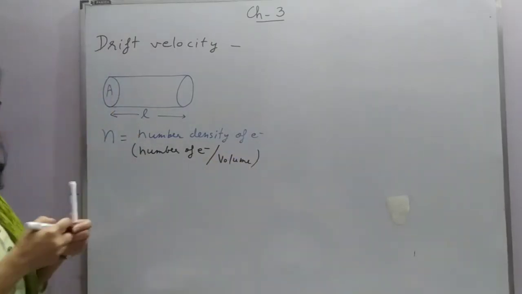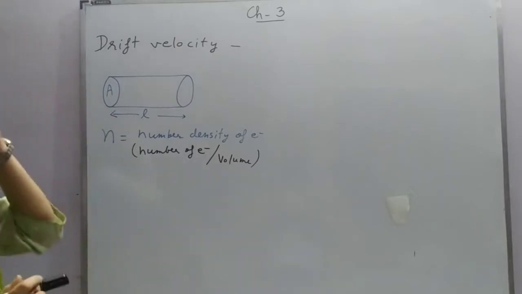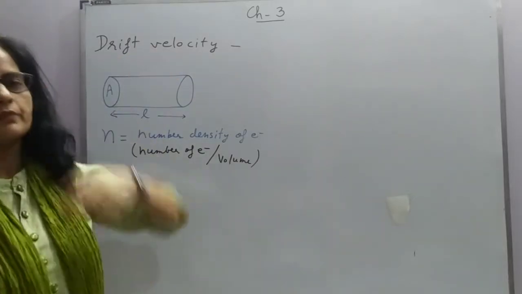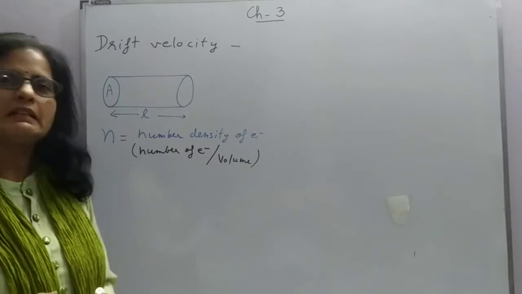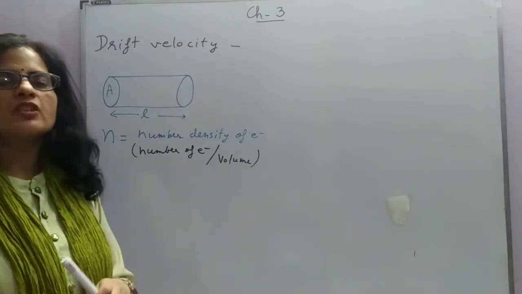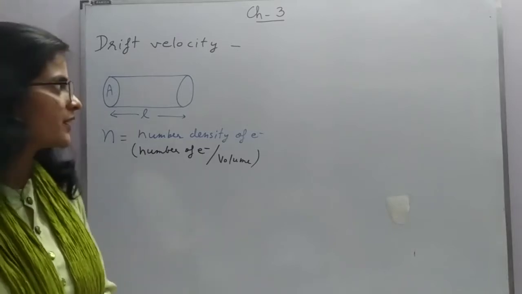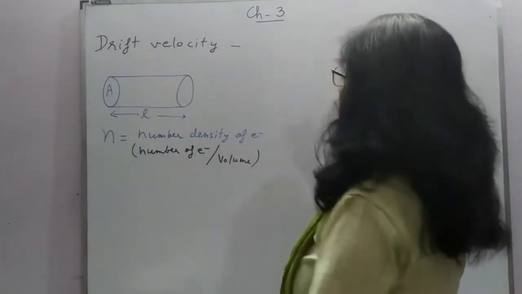Right? So here, let's first recall what is meant by drift velocity. So drift velocity is the average velocity attained by the electrons in a direction opposite to the applied electric field. Right? So we remember this definition.